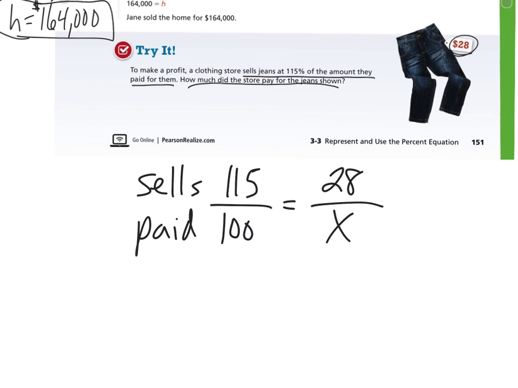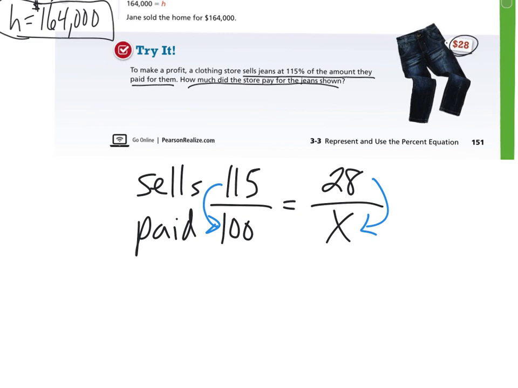If you try to look for a pattern with this, 115 divided by 28 doesn't come out very well at all. You could leave that number in your calculator and work with it that way. Another option, if that's not a nice pattern, is 115 divided by 100, and that's 1.15. That's a lot nicer of a pattern. Make sure you go towards your variable.